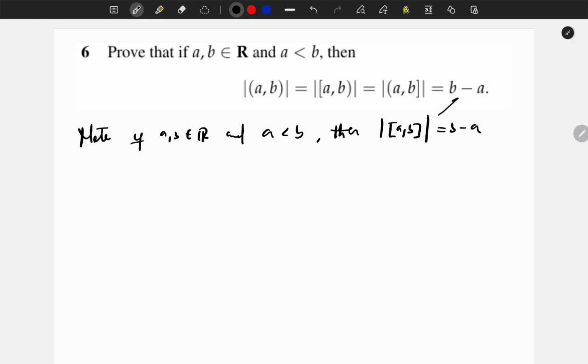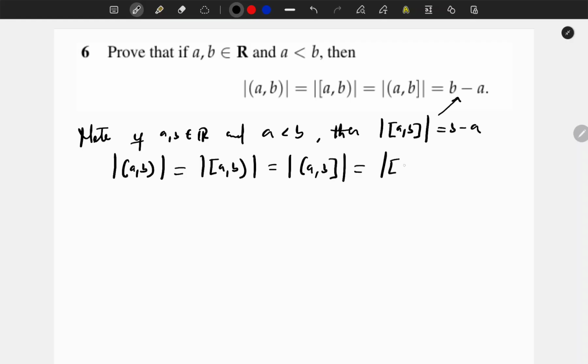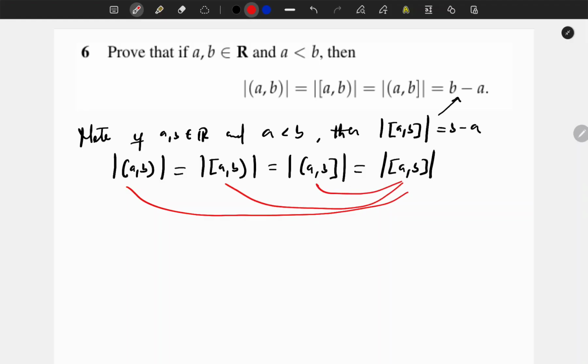In other words, we can exchange these points to be this. That means it suffices for us to show that the open interval (a,b) equals the half-closed interval equals the closed interval [a,b]. So we can start picking one after another, and use this to prove that this equals this equals this.